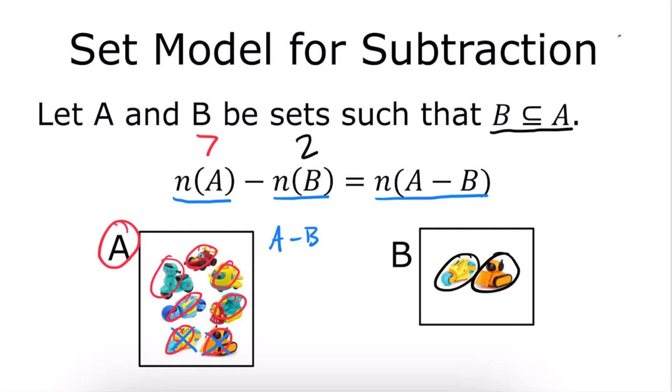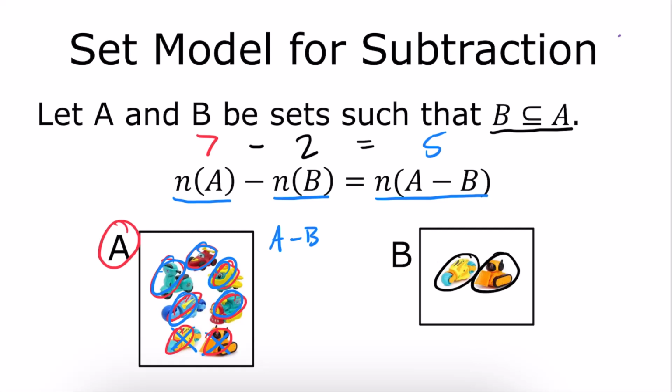And then the number of items in the set A without B is 5, because you have these 5 items that are in A but not in B. And so you can see that this model describes how subtraction works, because the number of items in set A minus the number of items in set B equals the number of items in the set A when you take out the items in set B. And so this idea introduces subtraction as a takeaway type of a problem.